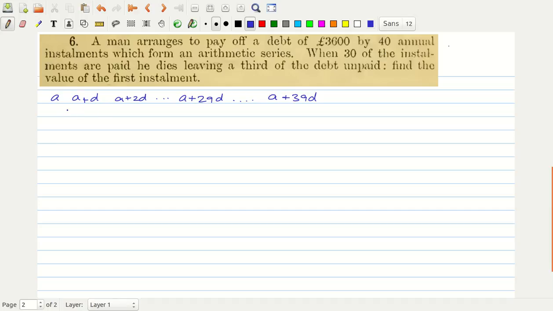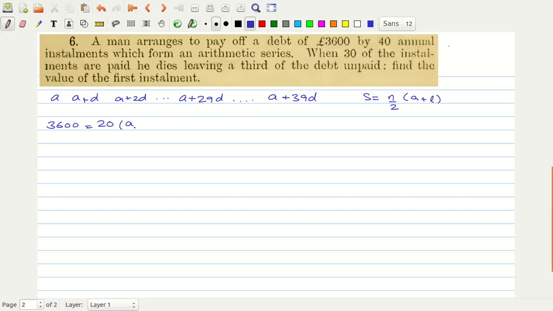So we know that S is equal to n by 2 times a plus l. So S is equal to 3600, n is equal to 40. So 40 by 2 is actually 20 times a plus a plus 39d.